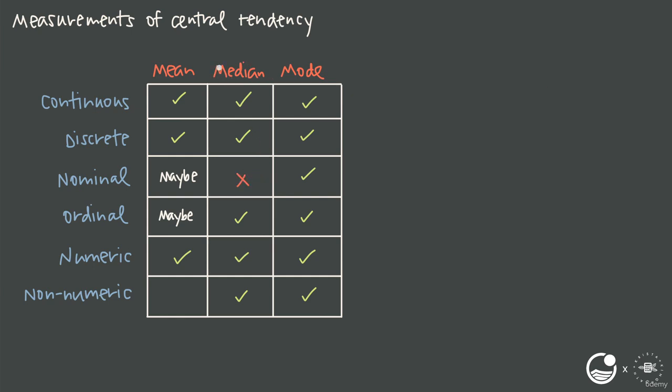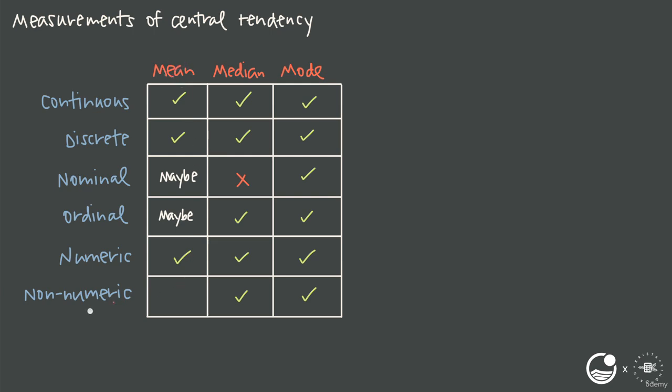If you remember, when we learned to calculate median, we said that we had to line up the data in order from some sort of smallest to largest or one end of the spectrum to the other and then find the center point. And that's just really not applicable at all if the data is nominal. Similarly, when we calculated a mean, we added up all the data points and then divided by the number of data points.